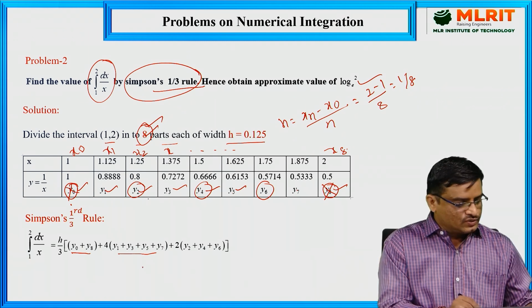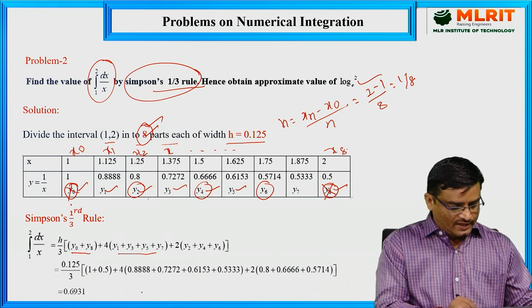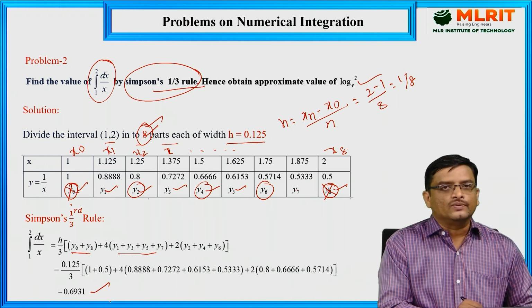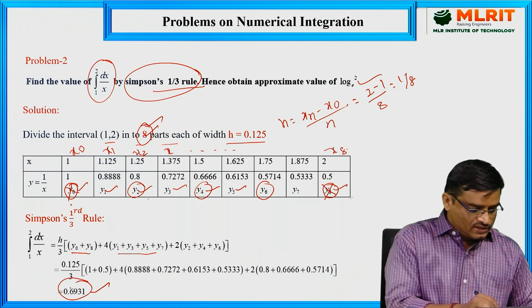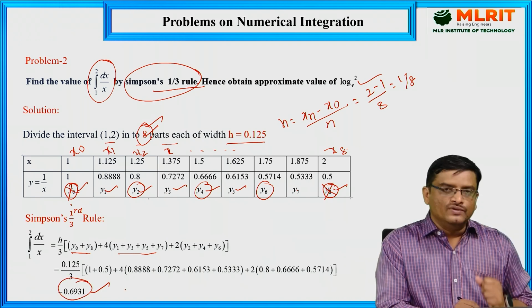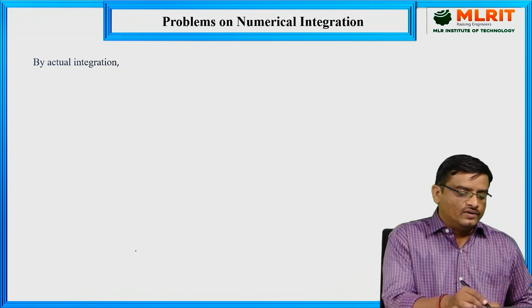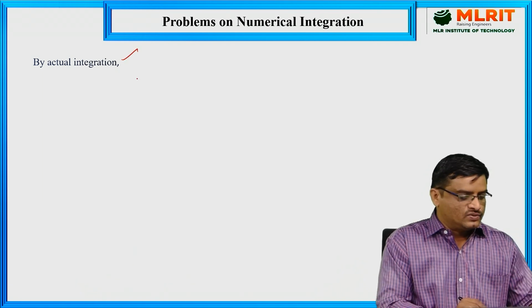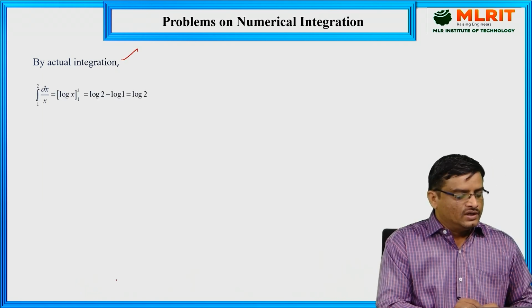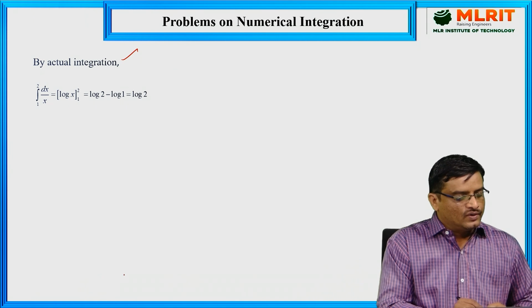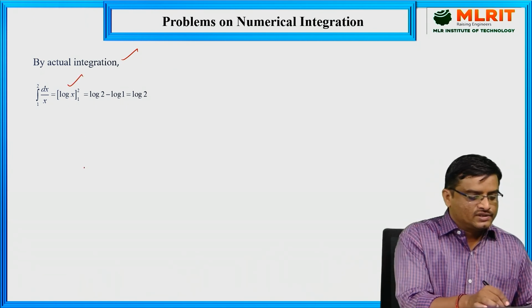Now substitute all these values here. We can get our required solution 0.6931. This is our numerical solution by using Simpson's 1/3 rule. Now we will find the integral value, the actual integration. So integral 1 to 2 of 1 by x, we can take it as log x.